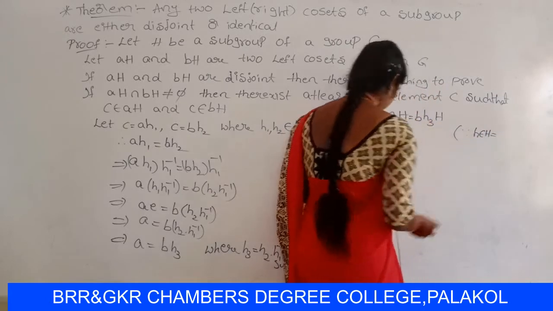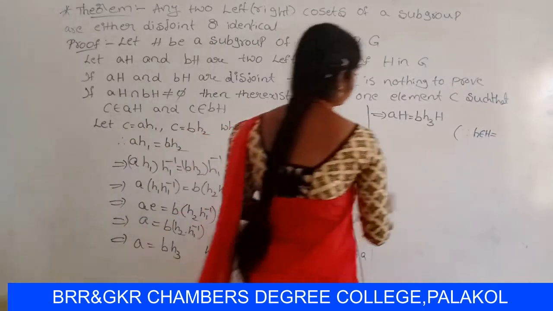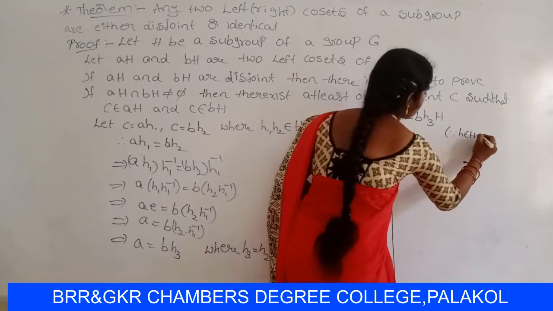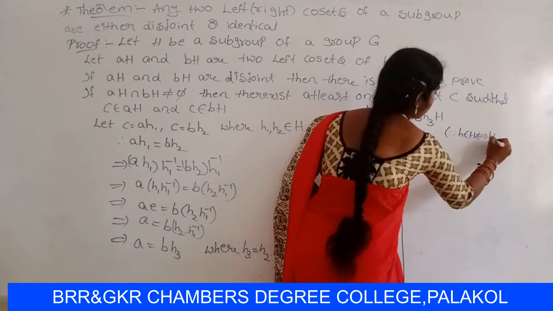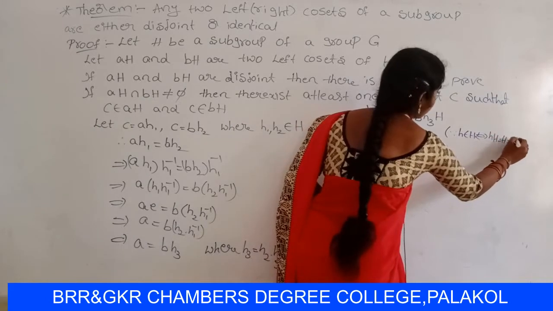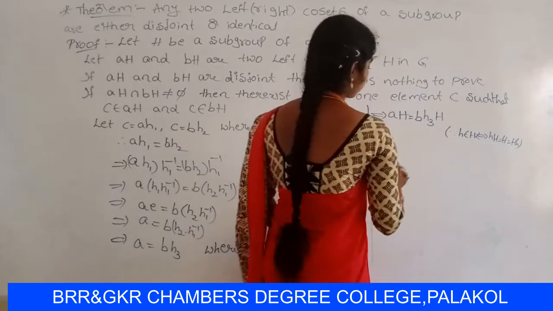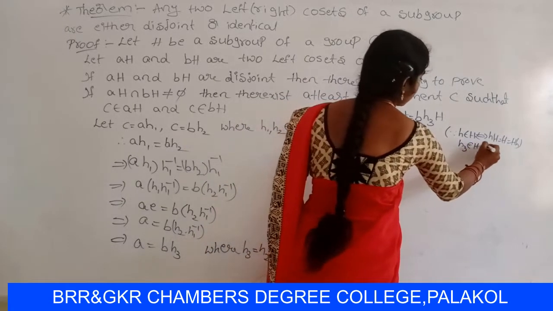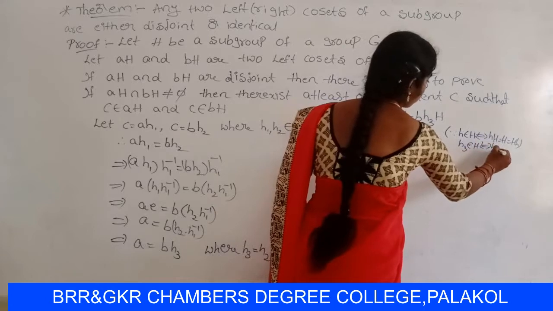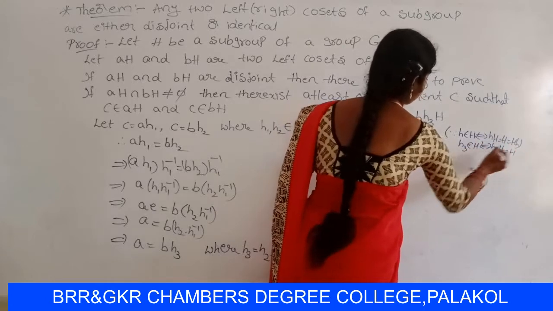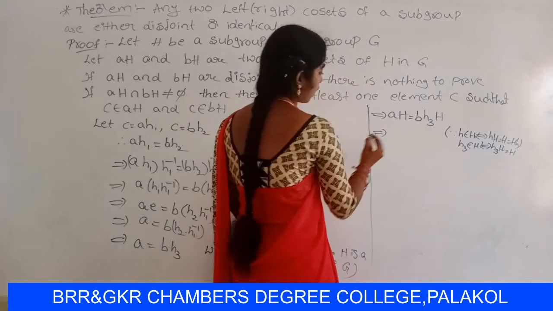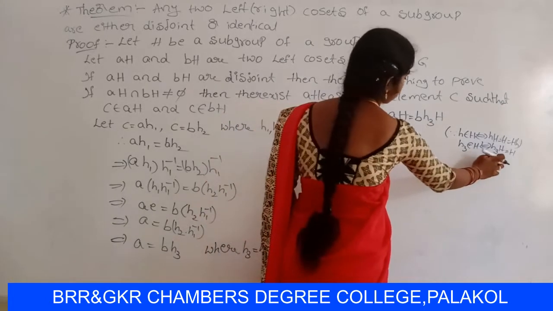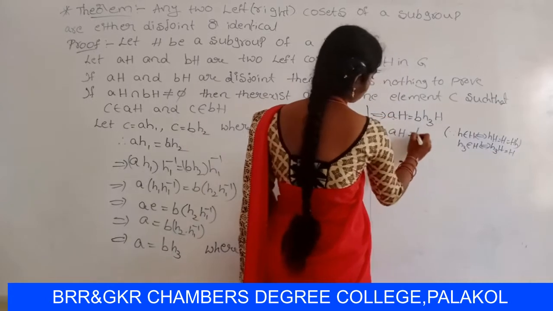By using this property, H3 belongs to H if and only if H3 H equal to H. So that implies AH equal to, H3 H can be written as H, so BH.